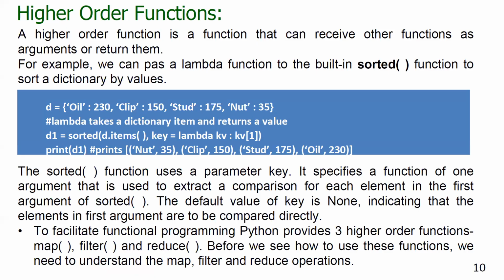So coming to higher order functions, Python enables the assignment of functions to variables, the passing of functions as arguments, and the return of functions as values. Higher order functions are functions that accept other functions as arguments or return them as results.